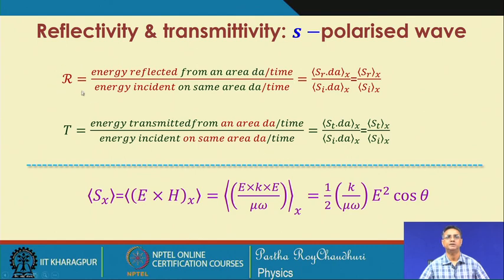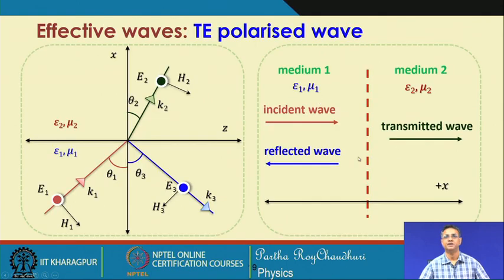So, the energy reflection coefficient, that is the reflectivity, as we have defined earlier, is the energy reflected from an elementary area dA per unit time, and the energy incident on the same area dA per unit time. If you take the ratio, that gives us the reflectivity. So, in terms of the Poynting vectors, we can write this, the x component of the Poynting vector, because the reflection is along the x direction.